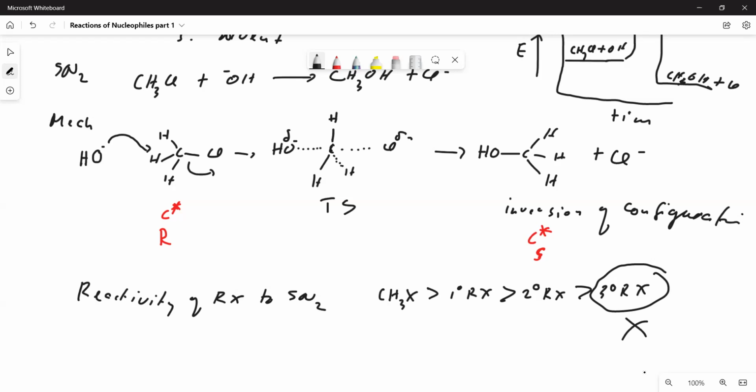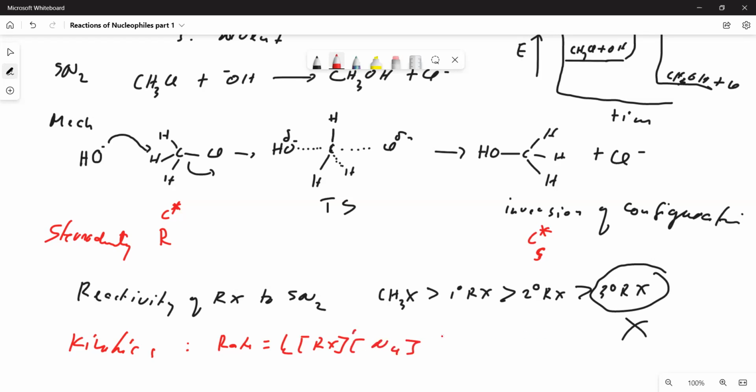Now, we also discussed already the stereochemistry. This is part of the stereochemistry effect. How about the kinetics? The rate law. For SN2 reaction, the rate of the reaction was found to be dependent on the alkyl halide and the concentration of the nucleophile.